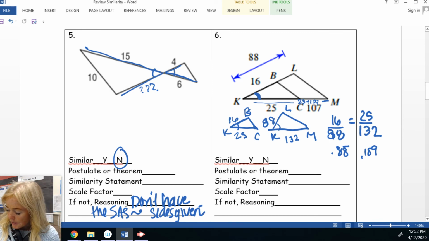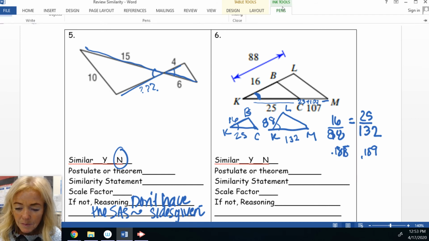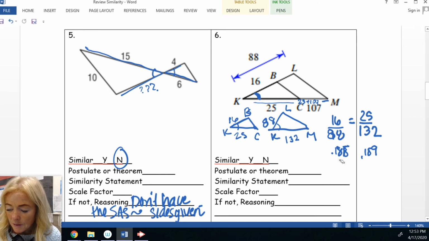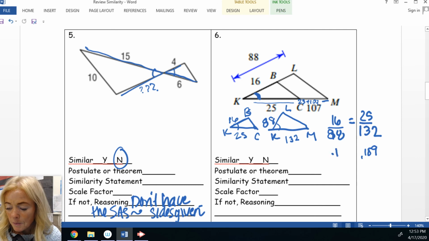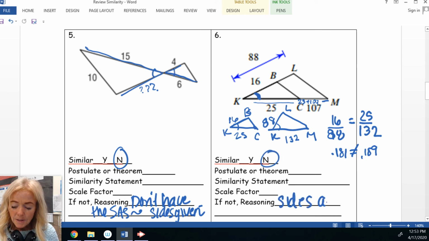I don't know why I wrote 18. So 16 divided by 88 is 0.1818. I can just erase that. 0.181. And that is not the same as 0.189. So this is no, and that's because the sides are not proportional.